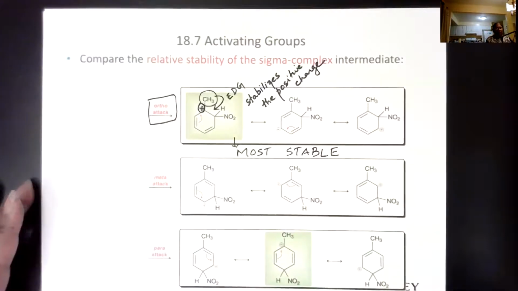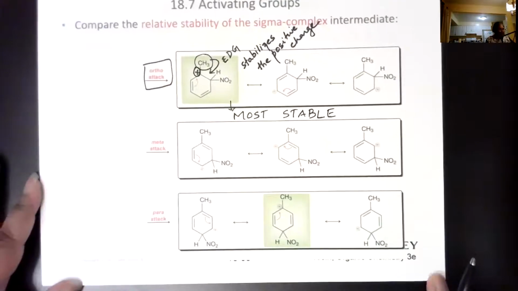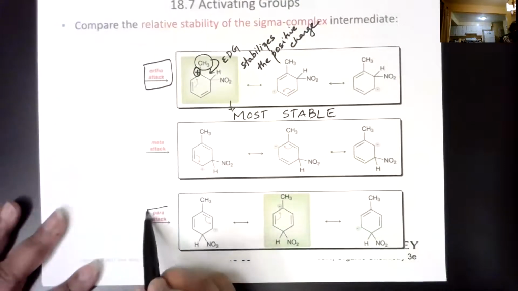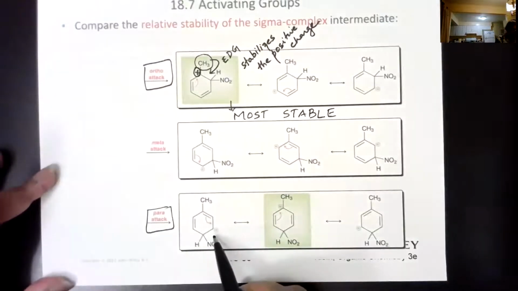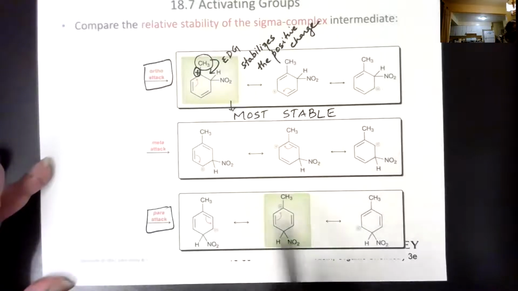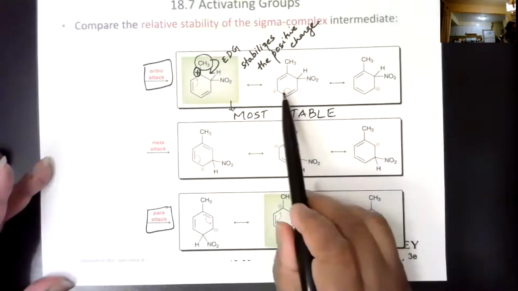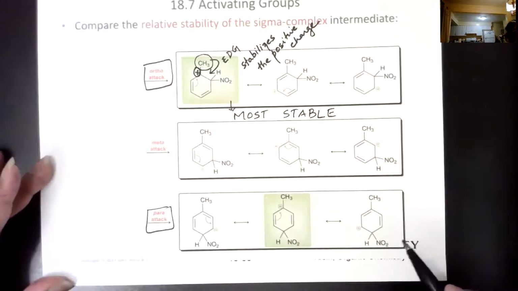Now, when the nitro group is attached to the para position, you again get three resonance structures, and the positive charges are in the exact same spot as you would have for the ortho attack.